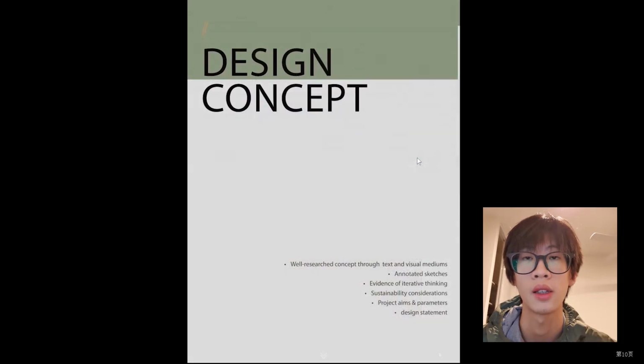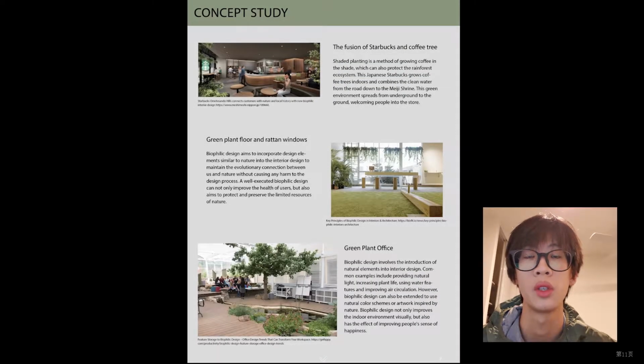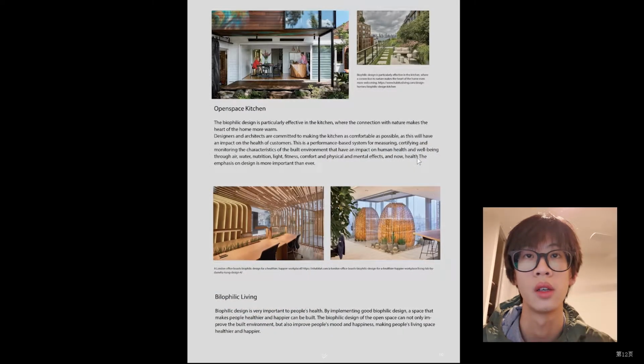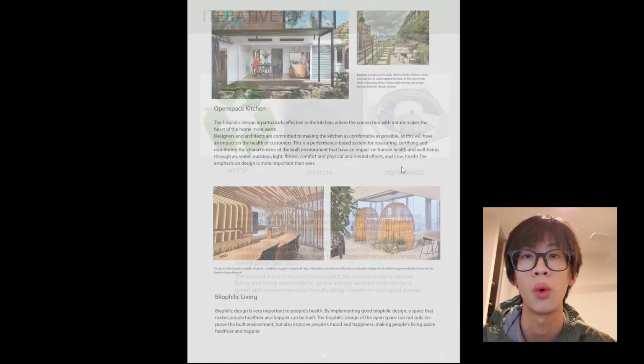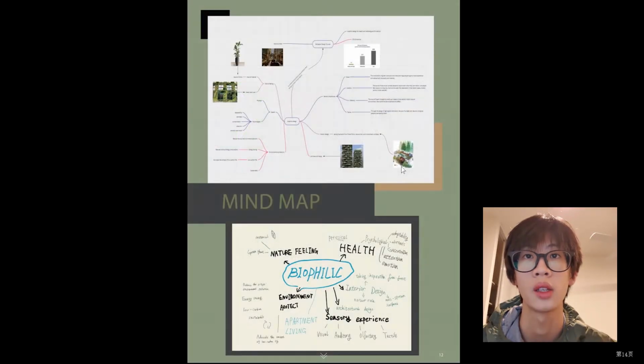For the design concept part, we did deeper research about how to make the room biophilic, plant trees inside, and make the open space light enough. Our main idea comes from the recycle side and steps that make the final project.